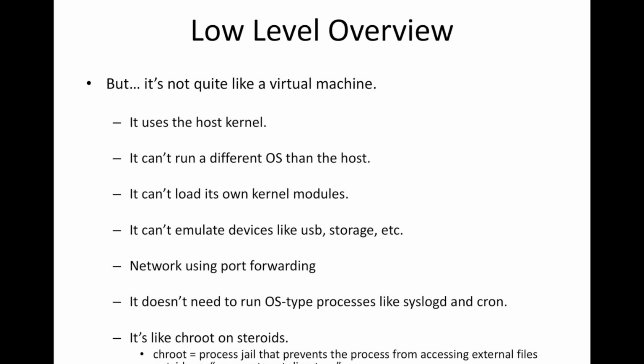It's a process that has its own process space, its own file system, its own networking stack. It's kind of similar to what we call chroot, or sometimes they're referred to as jails on old FreeBSD systems that have jails. It's very similar to that sort of concept where we have a super process which is sort of fenced off from the rest of the other processes on the system.